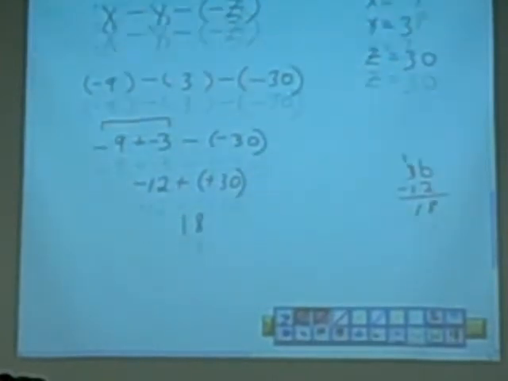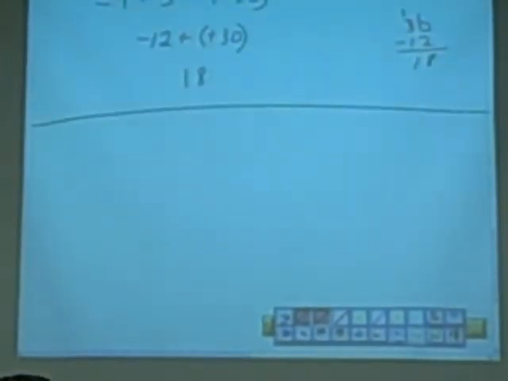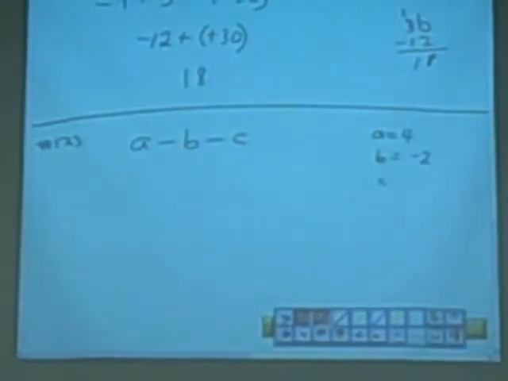Number 123. Where you have A minus B minus C, where A equals 4, B equals a negative 2, C equals a 9.